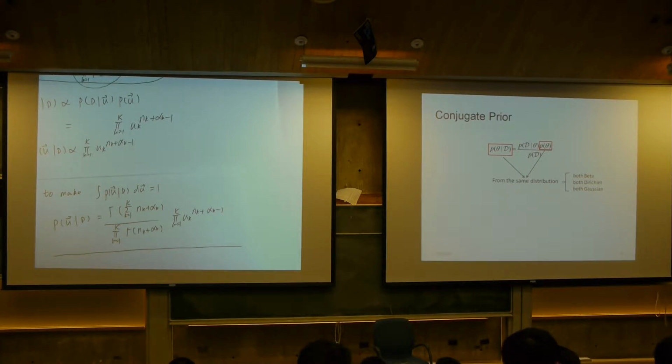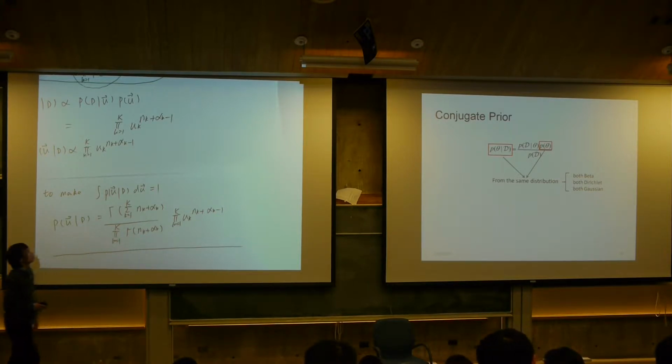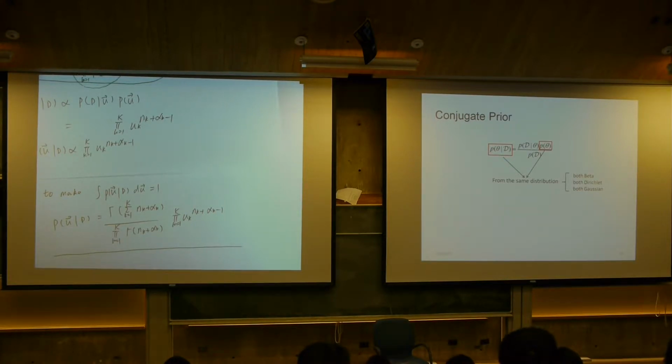And this is a Dirichlet distribution, right? And the parameters are now n_k plus alpha_k. Terms that do not involve mu we can drop.